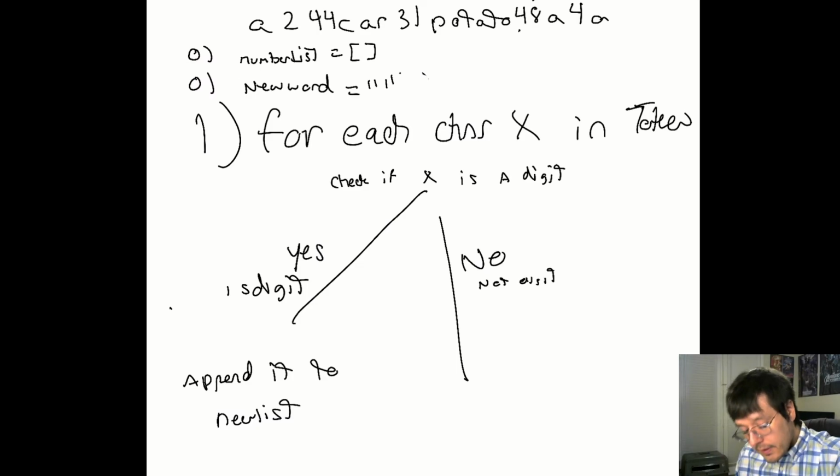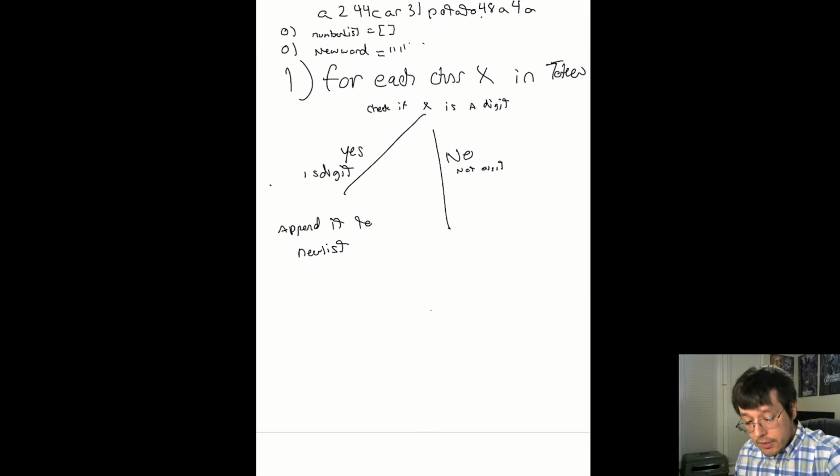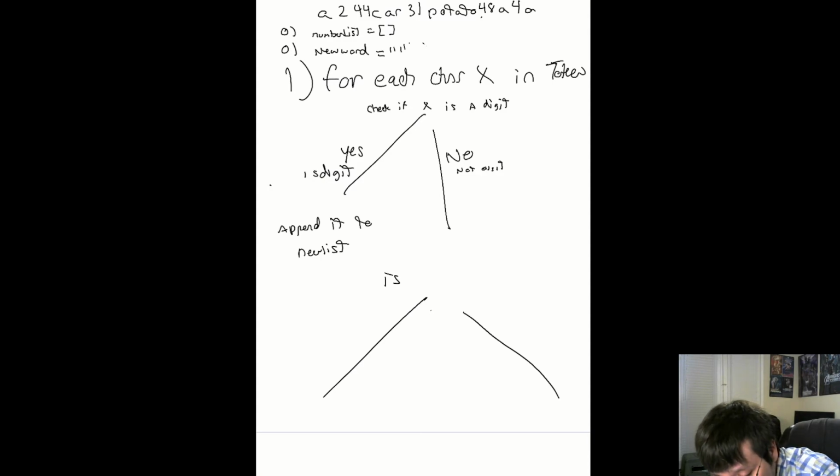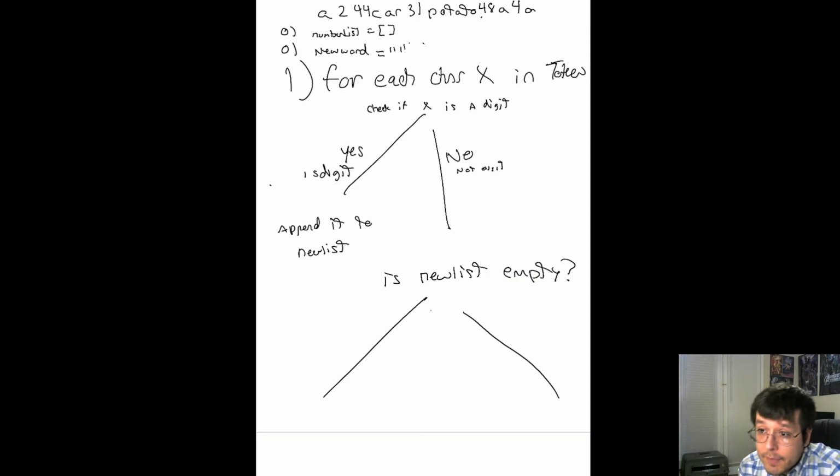Okay? So from there, I'm going to have another check. If it's not a digit, I want to check if I've been building a digit along. So if the last thing that I looked at has been a digit, so I've been building it along. Where do I check that? In new word. So I check, is new word empty? Okay? If it is, I'm going to put the yes on this side just for space purposes.